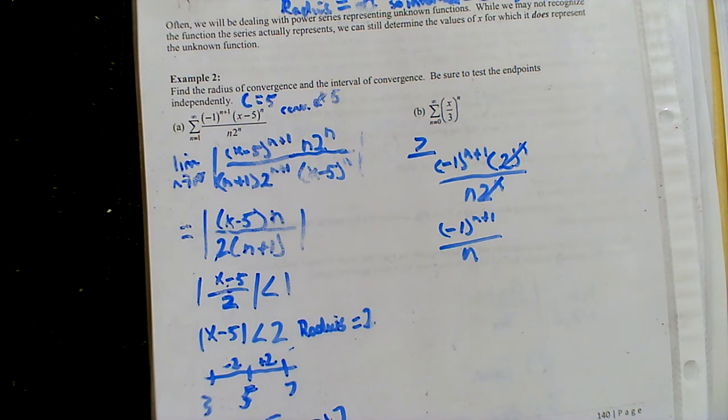What do we need to know about alternating series? If you need to look back, go ahead, but try to remember. What do we need to know about the alternating series to determine if it converges or diverges?